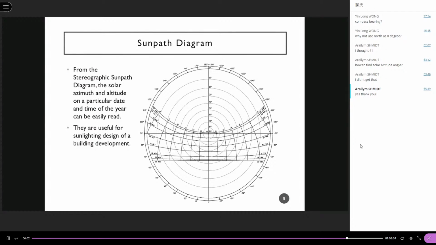Now in Hong Kong, I want to know when the sun will be directly above my head. When the sun is directly above our head, the solar altitude angle will be 90, right? So at the center point of the coordinate system, it has a solar altitude angle of 90.